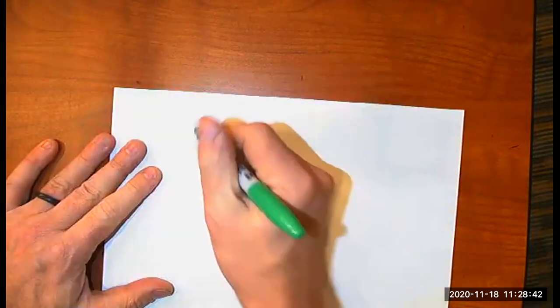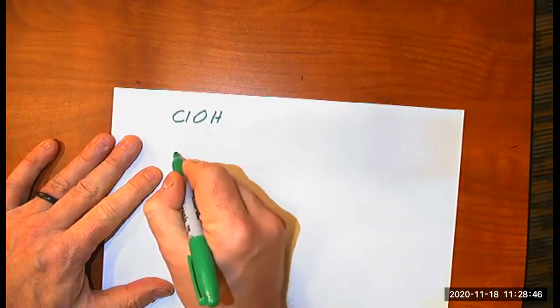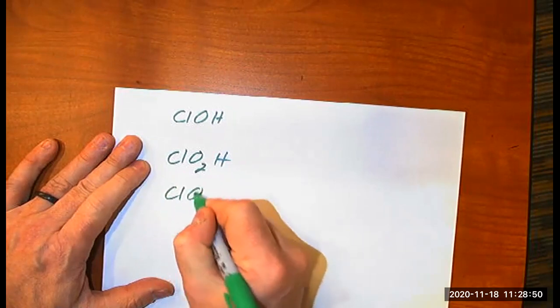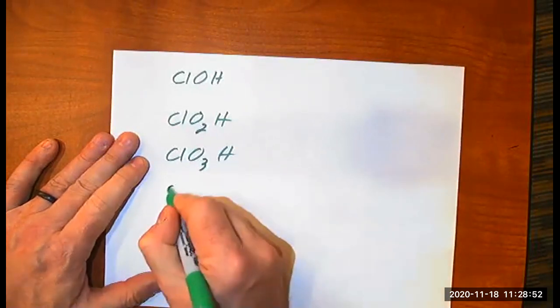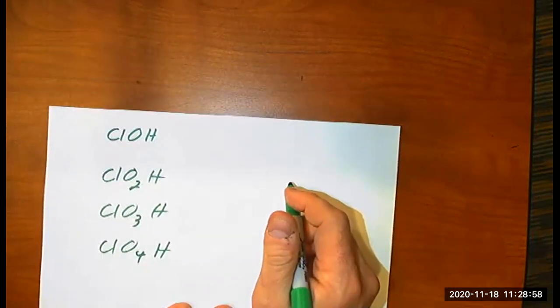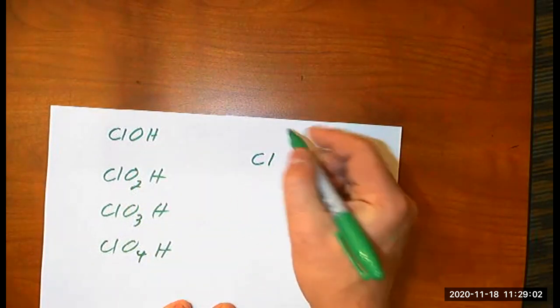There are chlorine-containing acids as well. There is ClOH, there is ClO2H, ClO3H, and ClO4H.